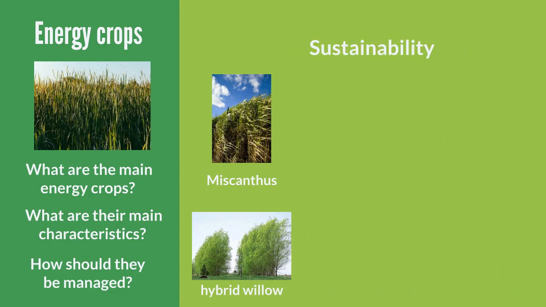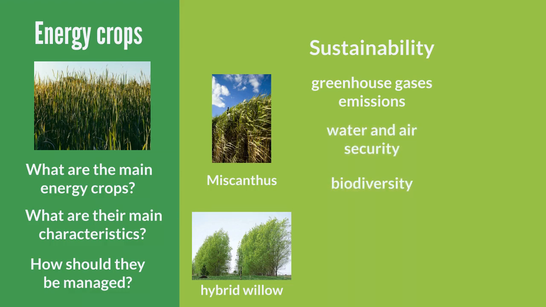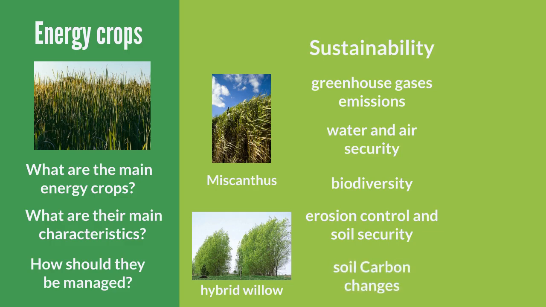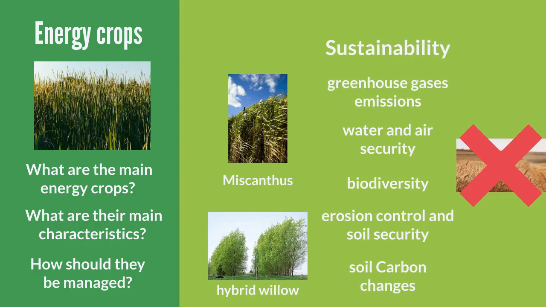The analysis of sustainability for growing energy crops should focus on greenhouse gases emissions, water and air security, biodiversity, erosion control and soil security, and soil carbon changes. That can be compared with the most common agricultural crops as reference. The objective is to produce bioenergy without trade-offs for land use change or food security.